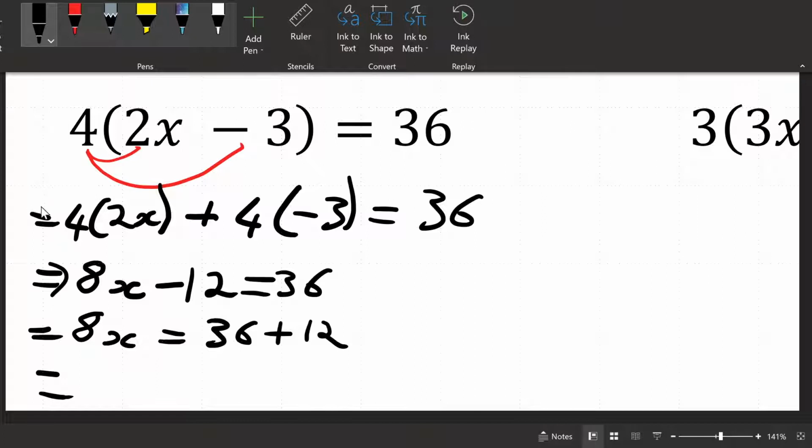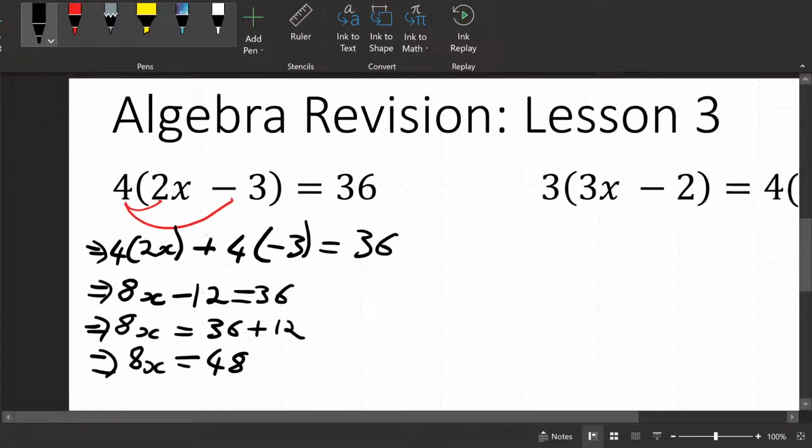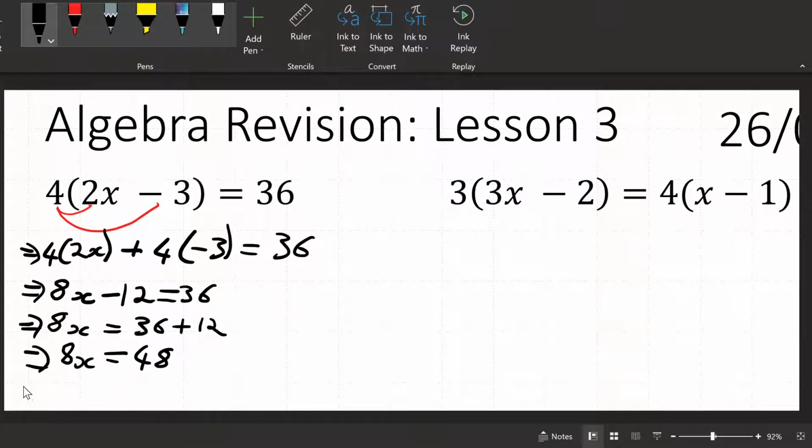I should be doing that with little implies statements. So just rewrite that: 8x equals 48. If you plug that into a calculator you will find the answer, but I can also figure it out in my head. We divide both sides of the equation by 8.